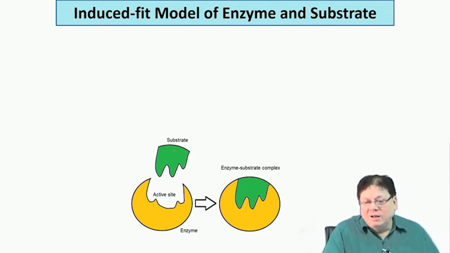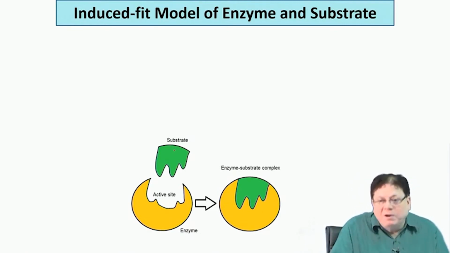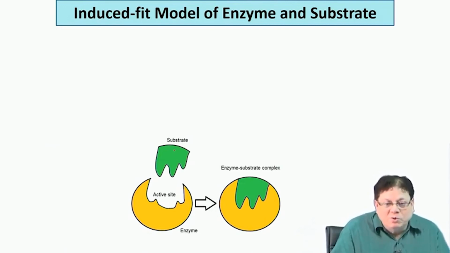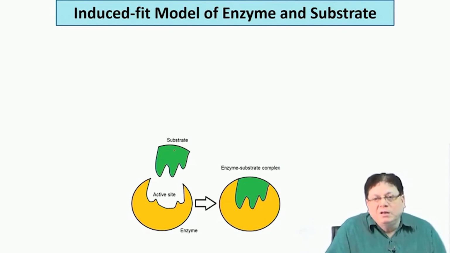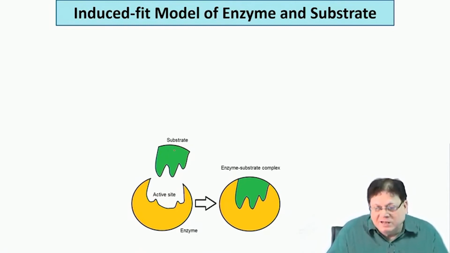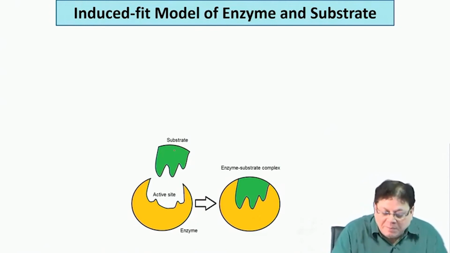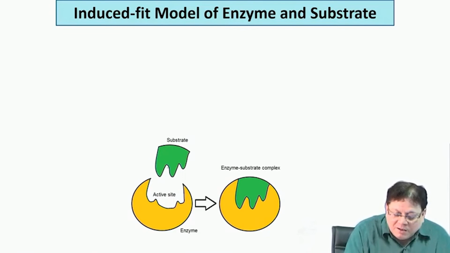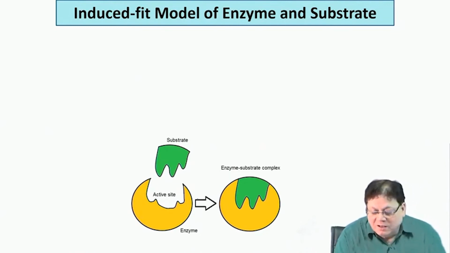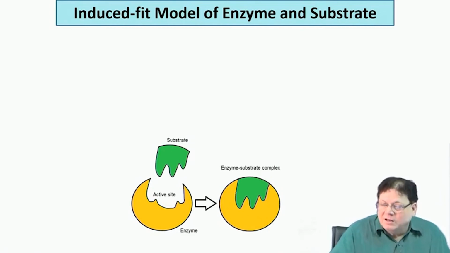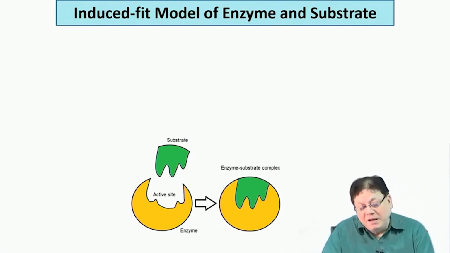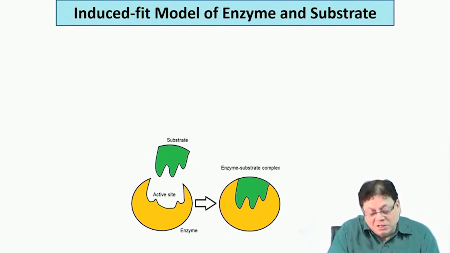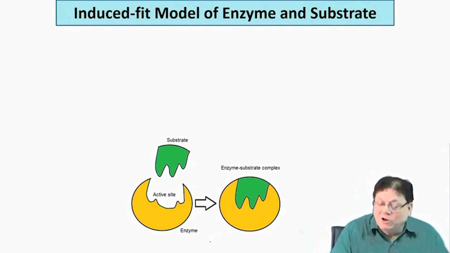If we have a chair, initially the chair may not fit properly according to your size, but we ultimately try to feel comfortable by pushing ourselves inside the chair, so that ultimately there is the best fit between me and the chair. The same thing happens here. The active site is not really very complementary initially, but as it goes, it ultimately adapts to fit the substrate, maintaining perfect complementarity. Okay. So, this is what is called the induced fit model of enzyme and substrate.